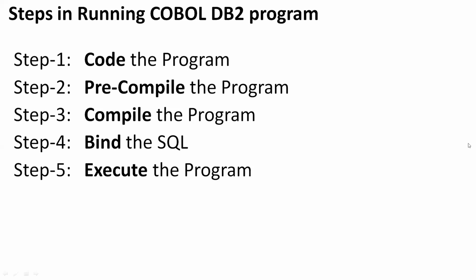Step 2, we have to pre-compile the program. Before compilation, we have to do pre-compilation. What that will do is separate the COBOL code and SQL statements. So it will generate 2 outputs. One is COBOL code, where it will replace SQL statements with COBOL equivalent statements. And the other output is the SQL code.